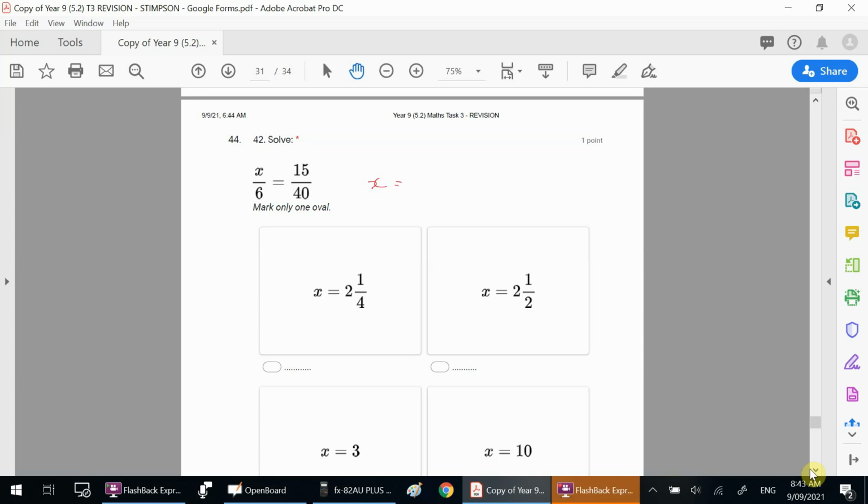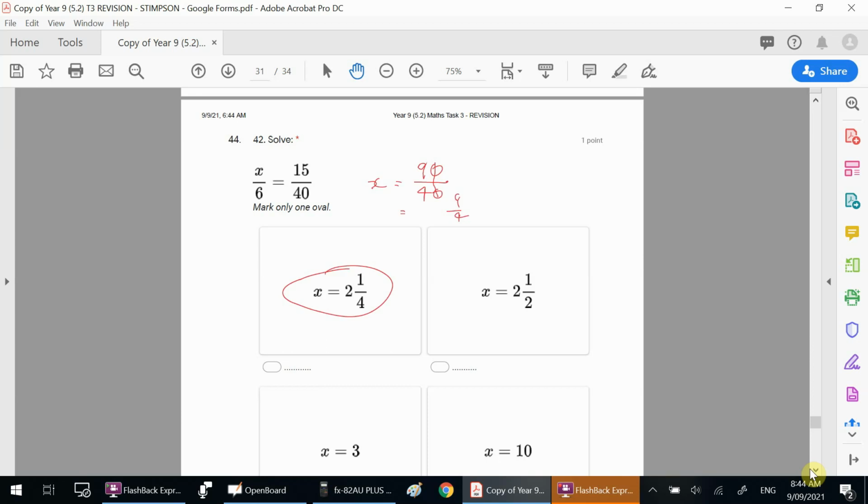But I'm going to multiply everything by 6. That by 6 is that. When you multiply the fraction, you're just multiplying the top number. 6 times 15 is 90. You can simplify to 9 over 4, which as a mixed number is 2 1/4.